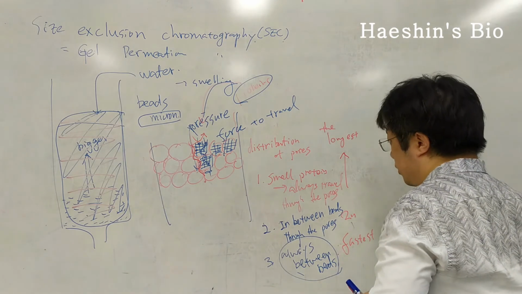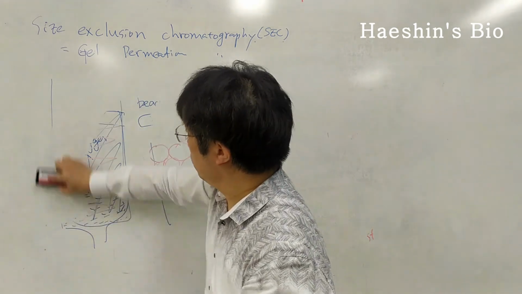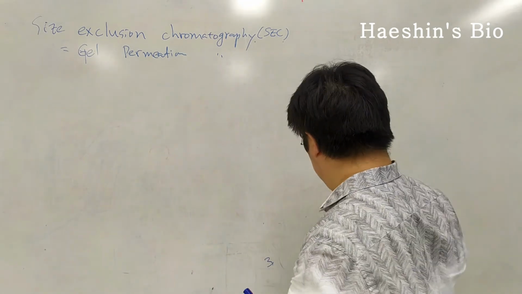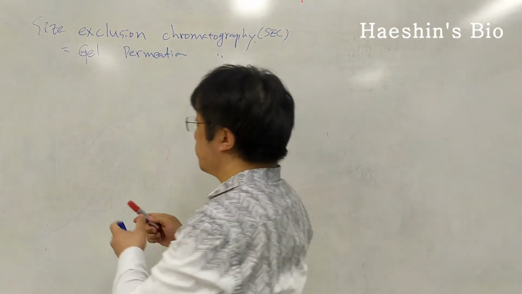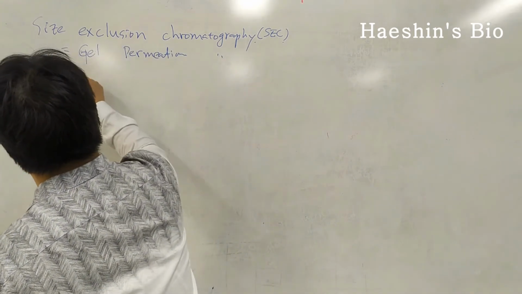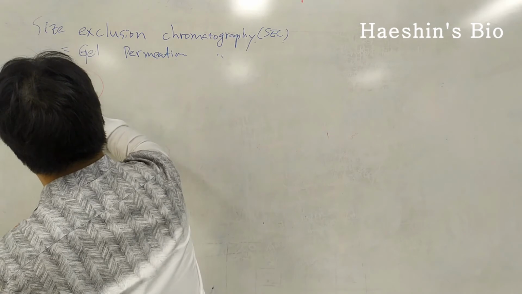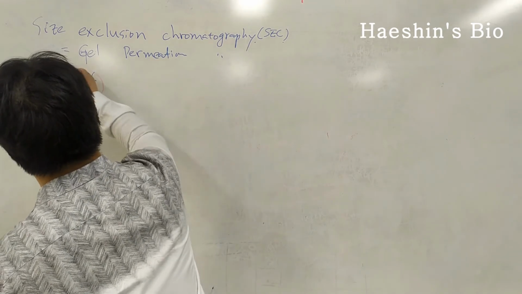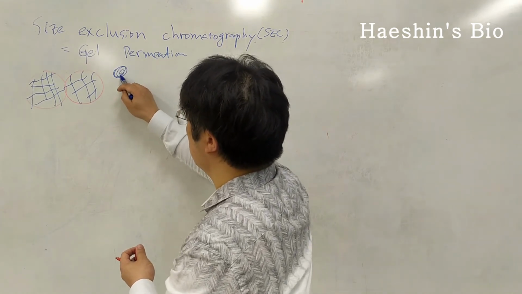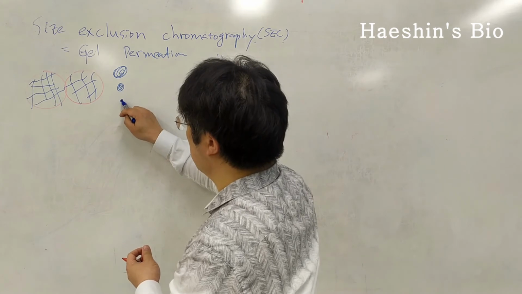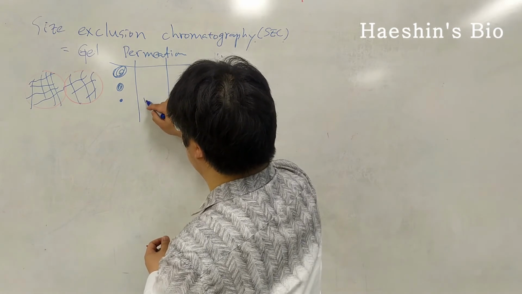So this now gives you a very clear idea to imagine. You have the beads with certain networks inside, and the proteins, say big proteins, middle proteins, and small proteins, where the time is the longest.